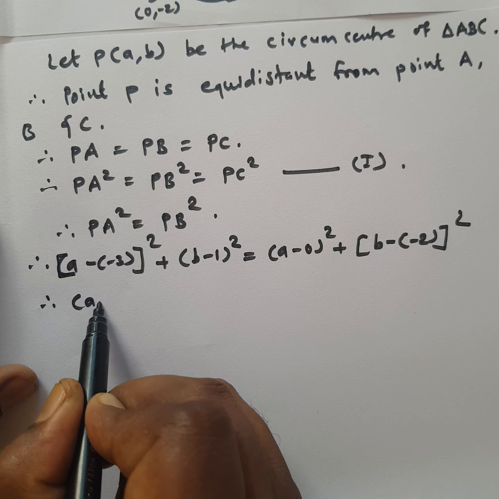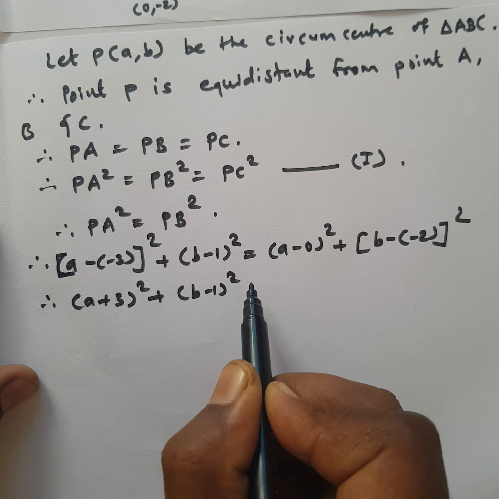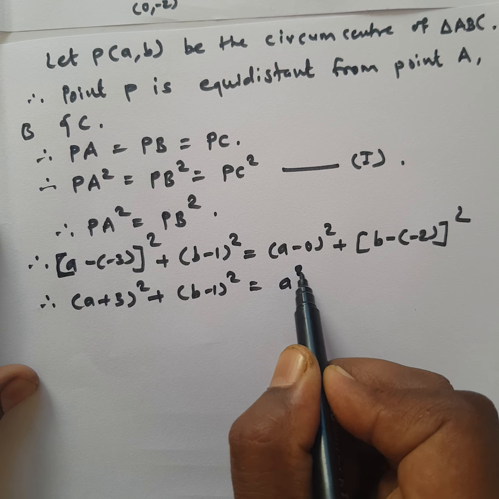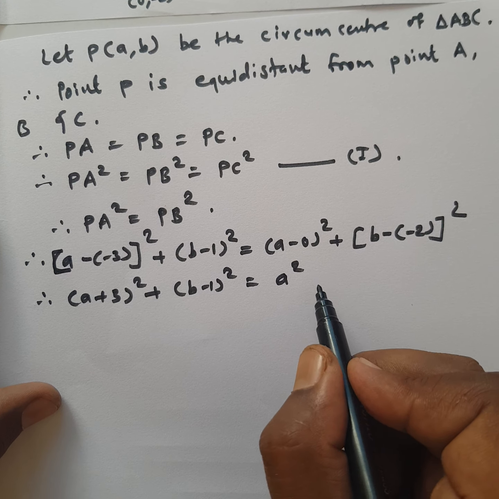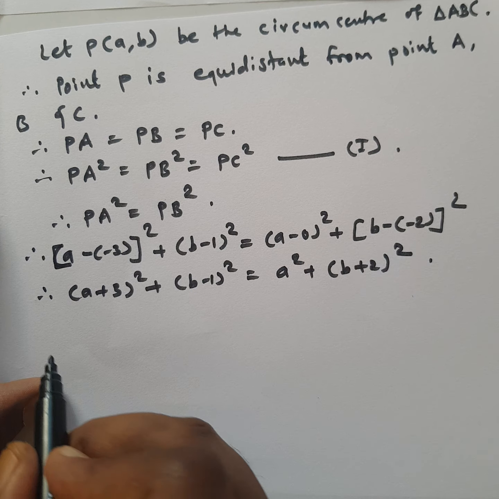Therefore, (a plus 3) squared plus (b minus 1) squared is equal to a square, (a minus 0) is a, plus (b plus 2) squared.